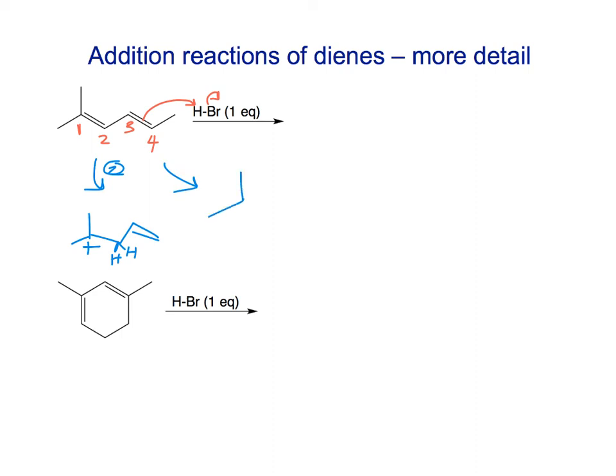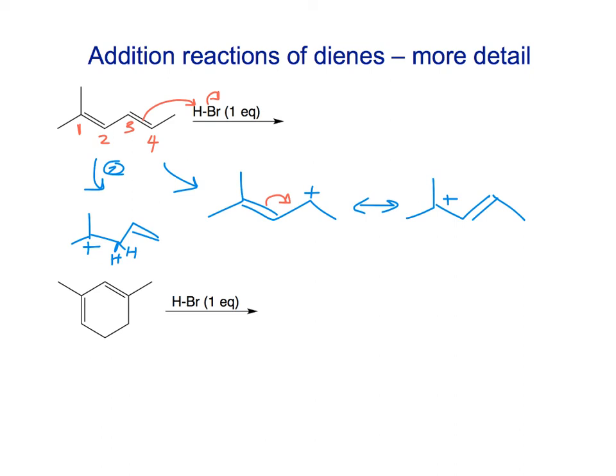Okay, this gives us what doesn't immediately look to be the best carbocation, but when we consider its resonance contributor, this moves over this way, now it's looking a little better. Right?